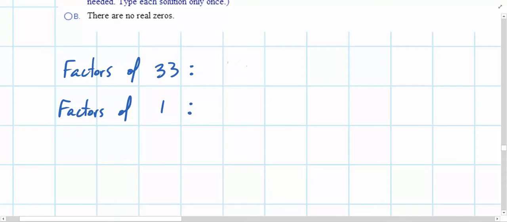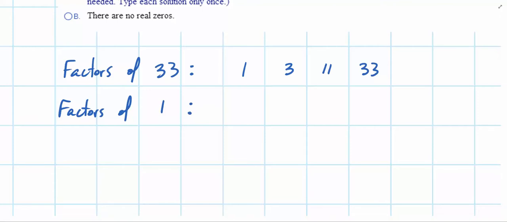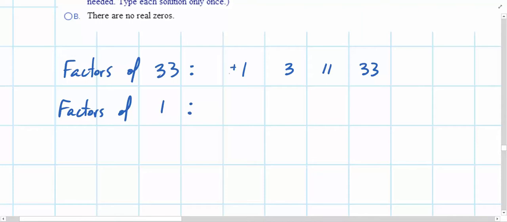So when I think of the number 33, I know that 1 times 33 would equal 33, so that means that 1 and 33 both are factors. Factors mean that they divide the number 33. In addition to that, I know that 3 times 11 equals 33, and I think that's all of the numbers that would divide 33 evenly. What we can't forget is that both a positive 1 and a negative 1 would divide the number 33.